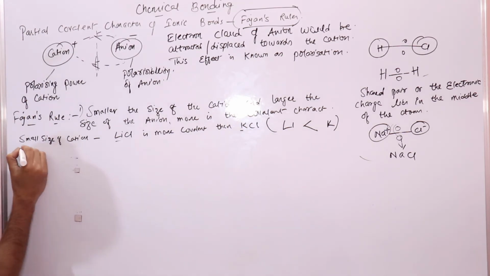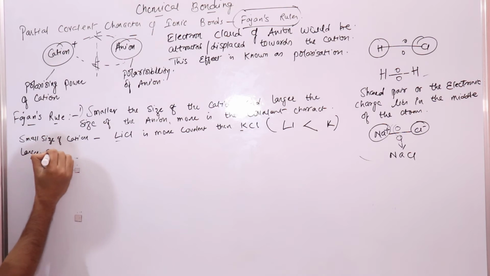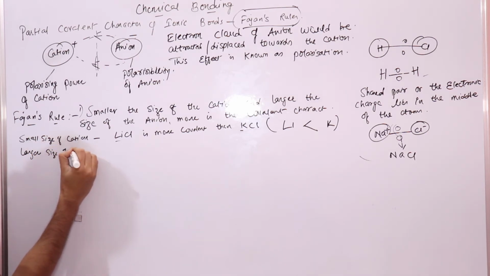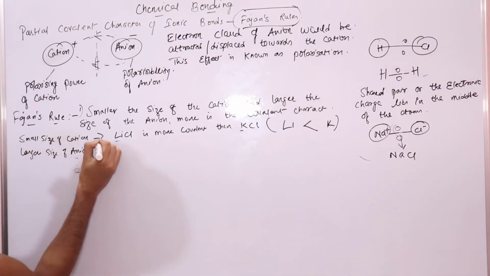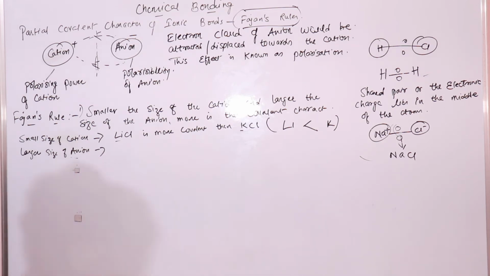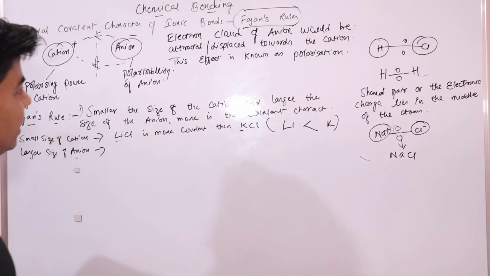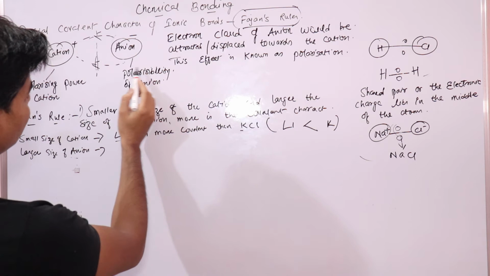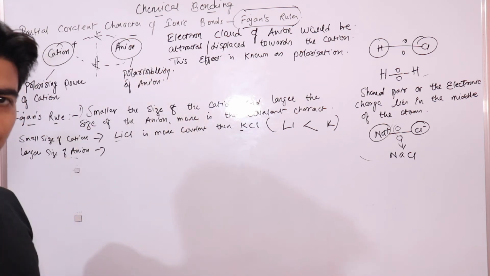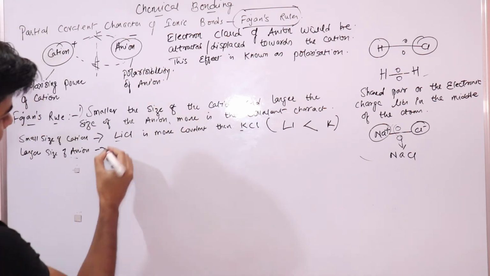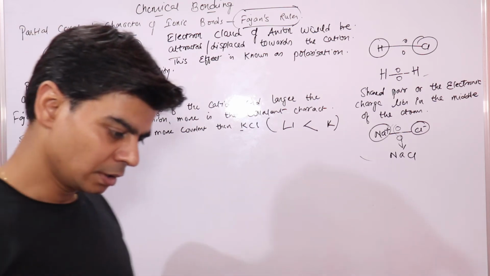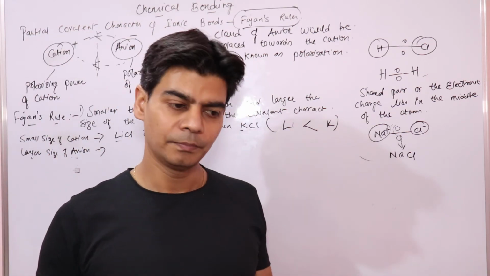Now, larger size of anion. When we say the larger size of the anion, we say larger the anion, greater is its polarizability, because bigger is the anion.